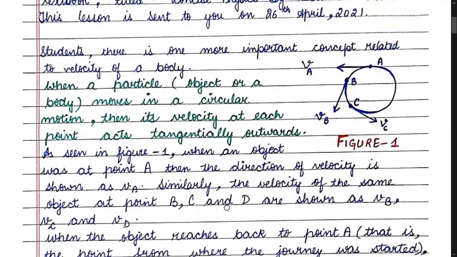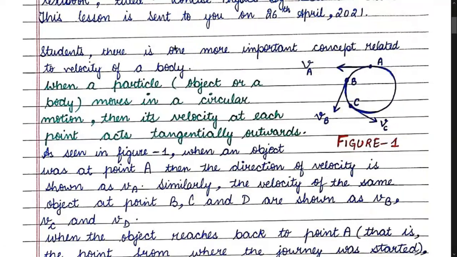Children, before going to acceleration and retardation, there is one more important concept related to velocity of a body. When a body moves in a circular motion, then its velocity at each point acts tangentially outward.